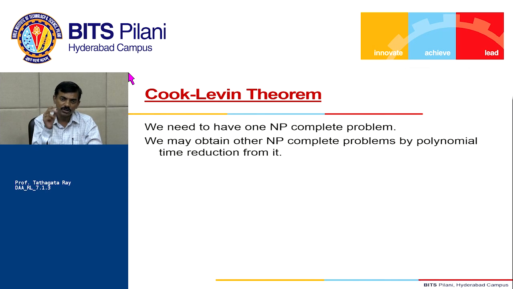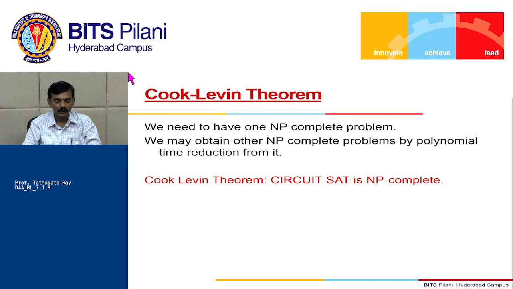So you need to start with at least one NP complete problem. And that's what Cook-Levin proved. That's the famous Cook-Levin theorem, which says that circuit SAT is NP complete. If you recall, we discussed what this circuit SAT problem is. You are given a circuit with one single output and you want to figure out, is there a satisfying assignment of all the inputs such that I get one on the output line?